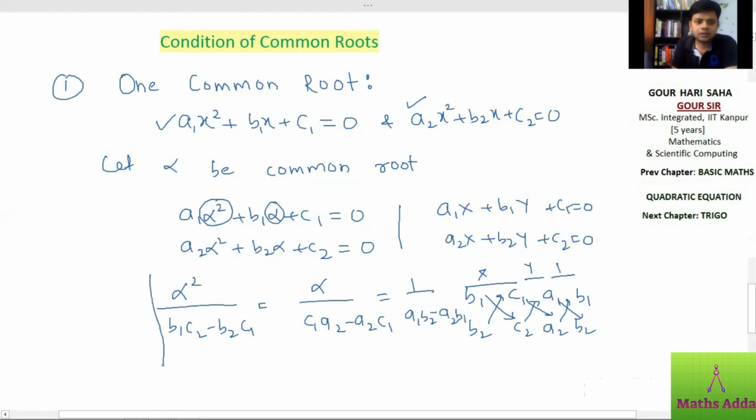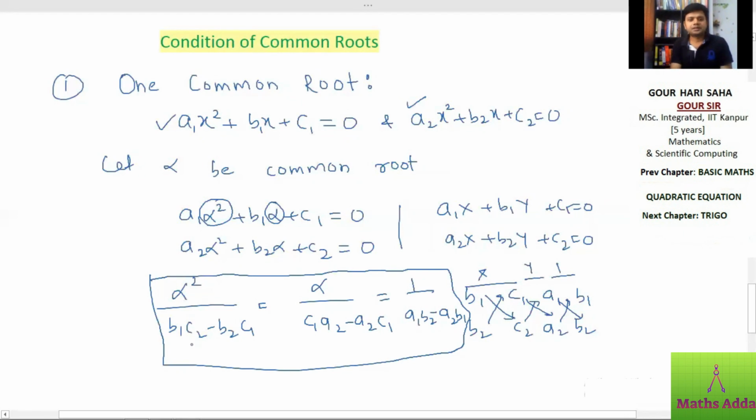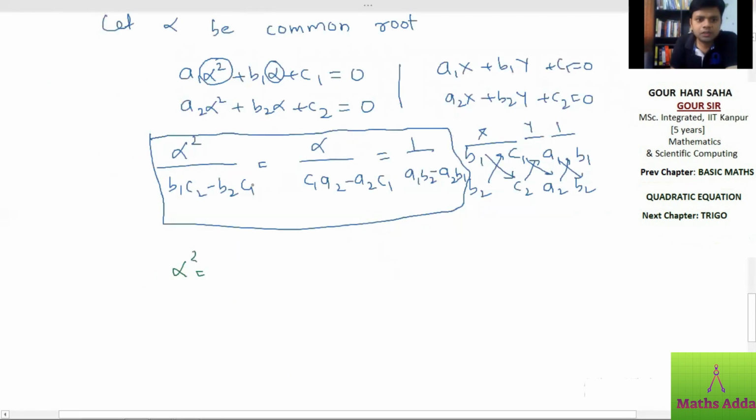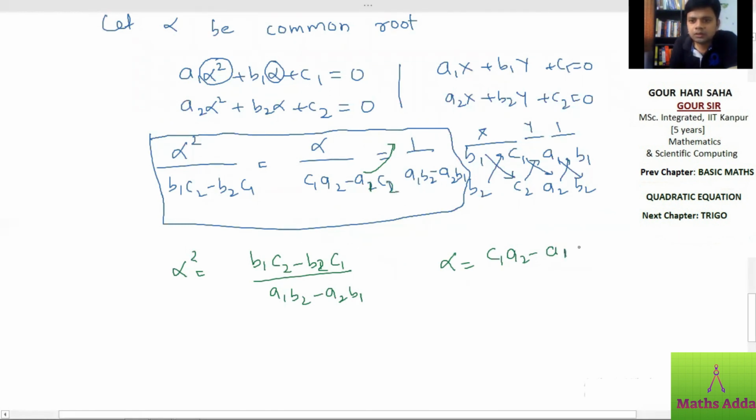From this we can find the relation, right. Alpha square will become what? It is (b1 c2 minus b2 c1) by (a1 b2 minus a2 b1), and alpha will be, when you bring it here, (c1 a2 minus a1 c2) divided by (a1 b2 minus a2 b1), correct.